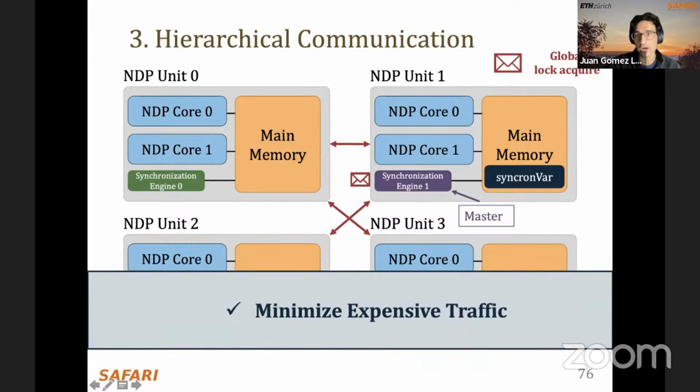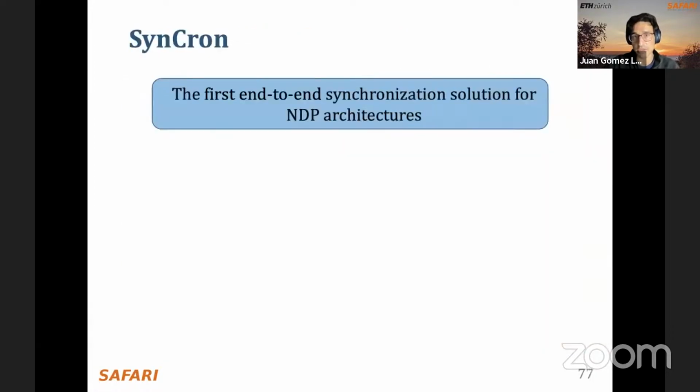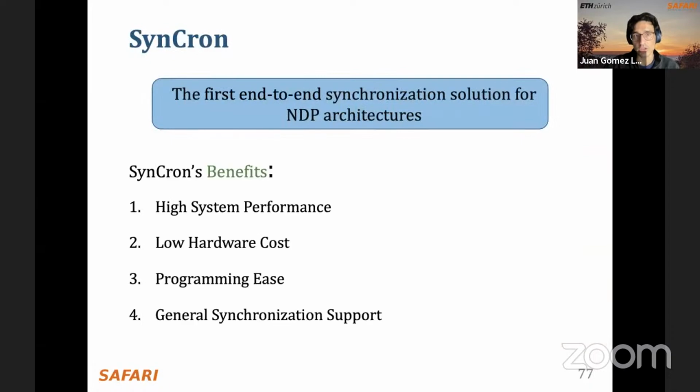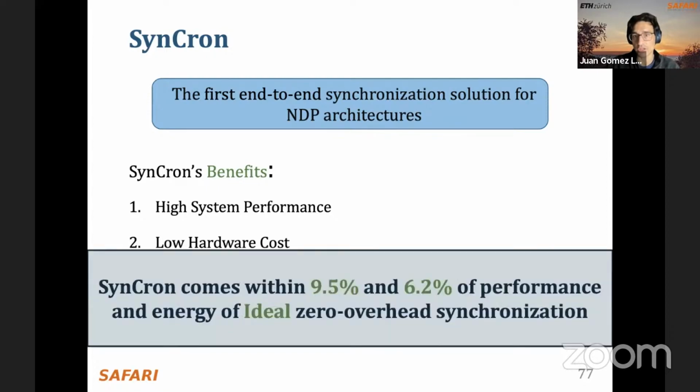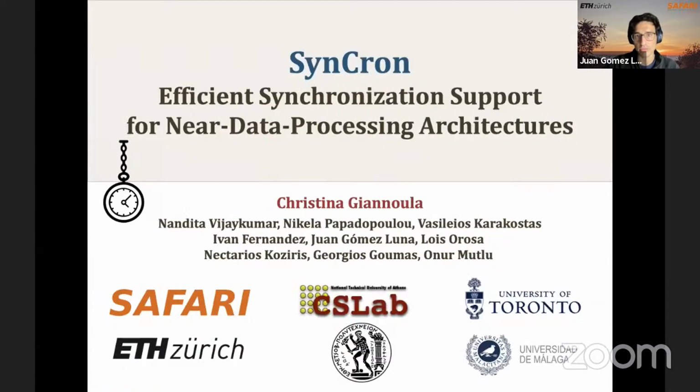So this hierarchical approach minimizes expensive communication, as you can see. So in the end, Synchron provides high system performance, low hardware cost, programming ease, and general synchronization support, and also very good results compared to an ideal zero-overhead synchronization mechanism.